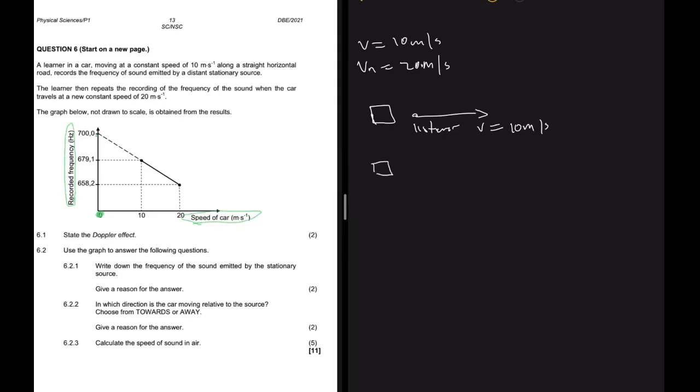And then in the second scenario, the sound source is still stationary, but the listener is now moving away at a speed of 20 meters per second. The first question says, state the Doppler effect. This is the apparent change in observed frequency as a result of the relative motion between a sound source and an observer.